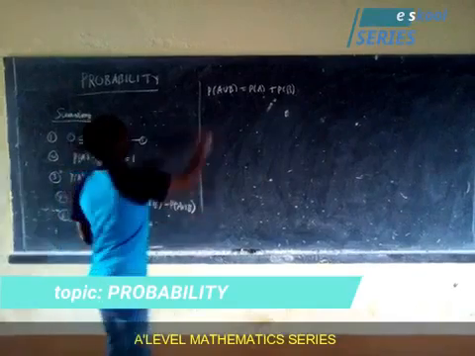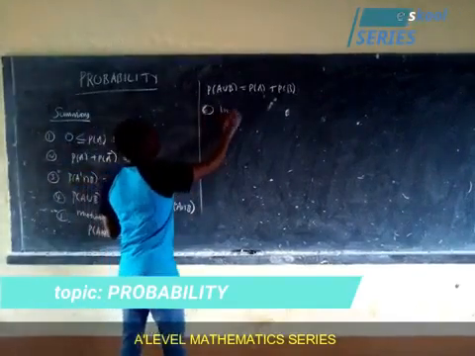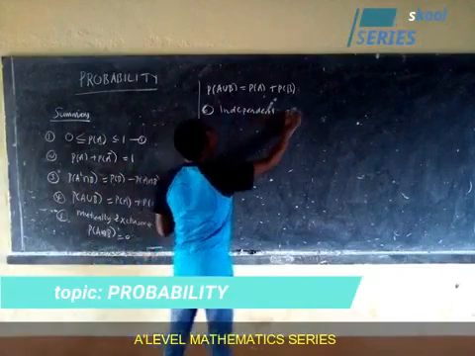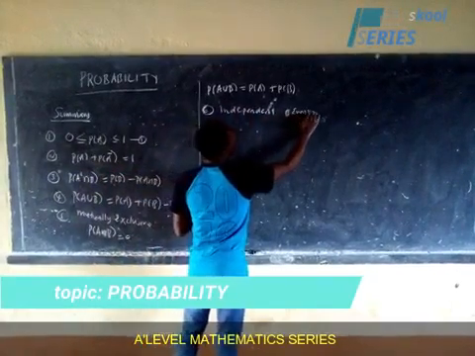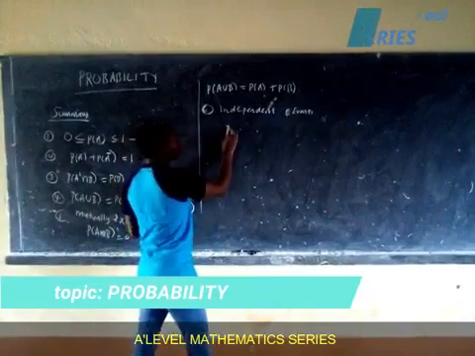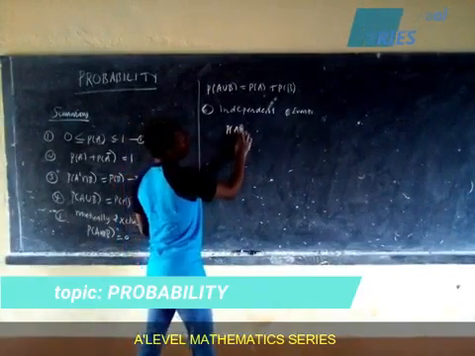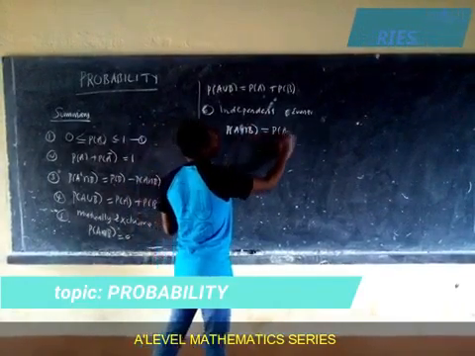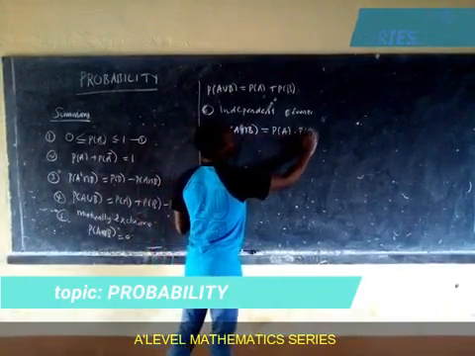And then number 6, we saw independent events. If A and B are independent, it means probability of A intersection B becomes probability of A times probability of B.